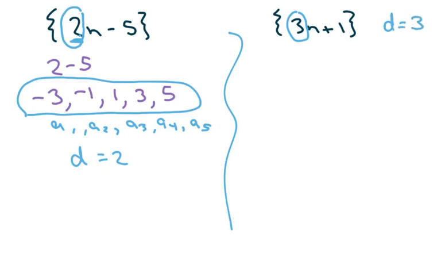So we just need to start with our 1. You plug in 1, and you're going to get 6 plus 1, and that's 7. If my common difference is 3, that's your slope, then you just keep adding 3. So it's going to be 10, 13, 16, and 19, and there's your 5 terms. It makes it a lot easier.